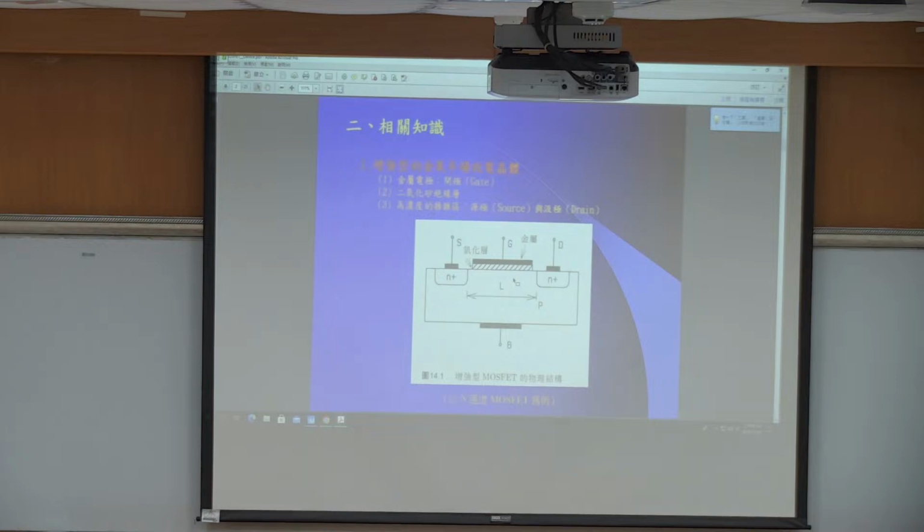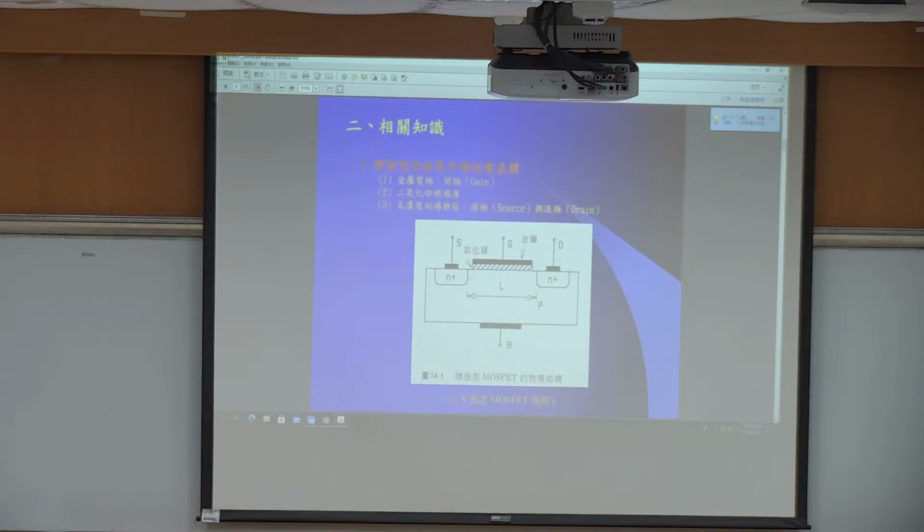Okay, the first one is the enhancement type MOSFET. We'll have a simple introduction about the fabrication of this device. We prepare a P-type silicon substrate first, and then we diffuse two N plus regions into the P-type material.